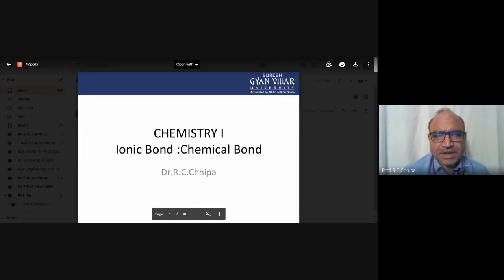Here, the different chemical bonds. The first one, ionic bond. Ions come together because of the charge on the ions, so they form a compound. Those are the ionic compounds, and the bond between the two different atoms of a compound is the ionic bond.